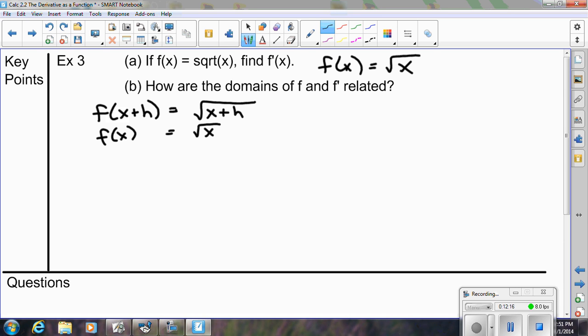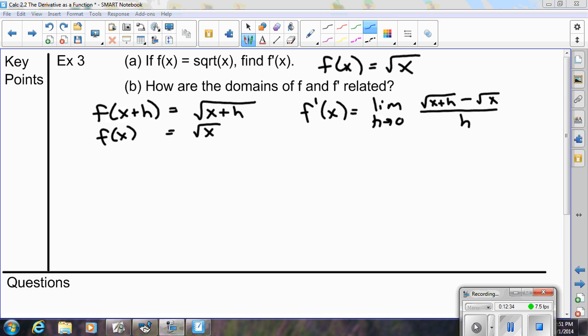So when we take our derivative, that will be the limit of the difference quotient, f of x plus h minus f of x all over h.